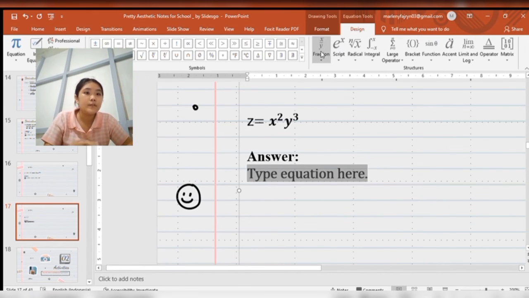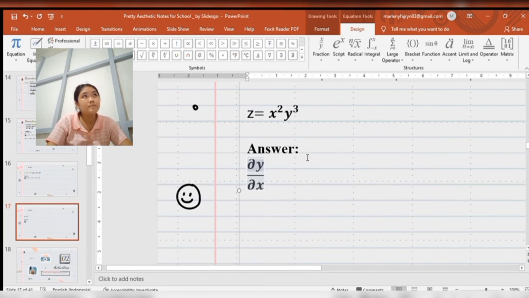First we have to take the derivative of x. When we solve the derivative of x, the y will be a constant.